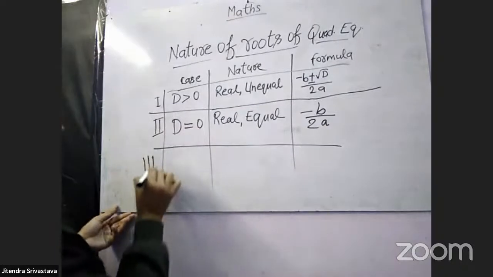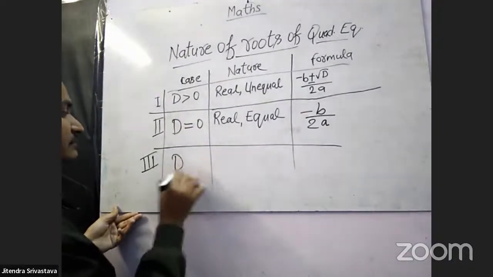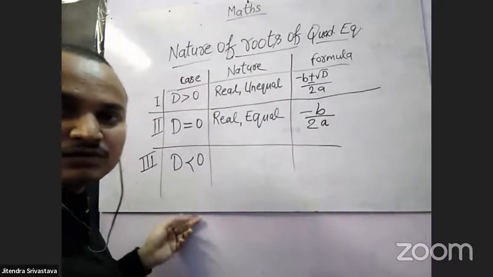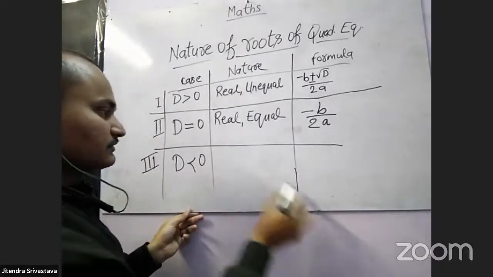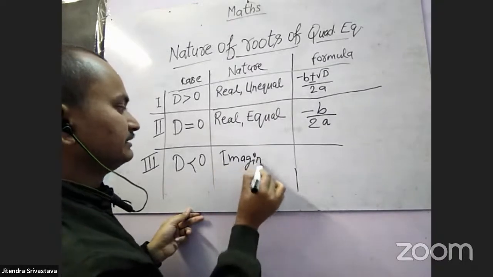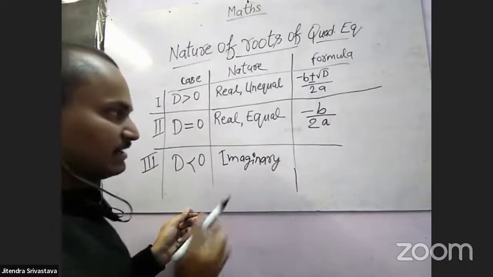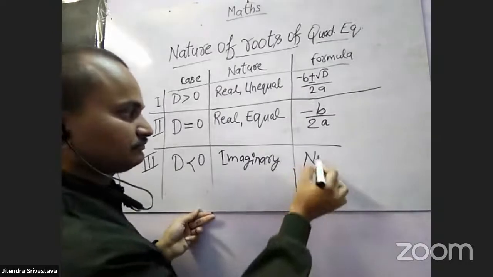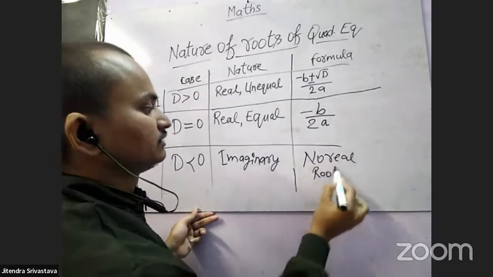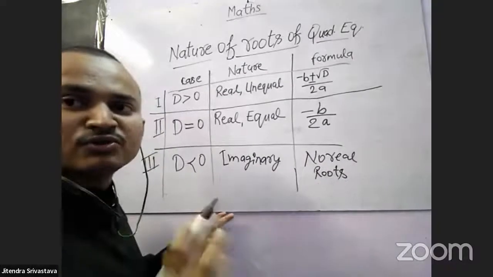And case 3, if d is less than 0, then the roots will be imaginary. And there will be no real roots, so no formula for it.